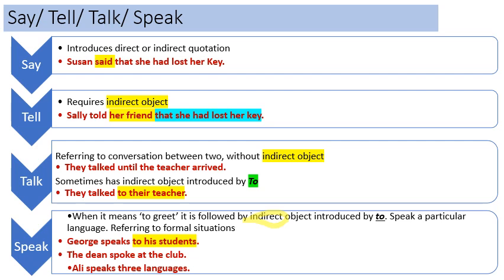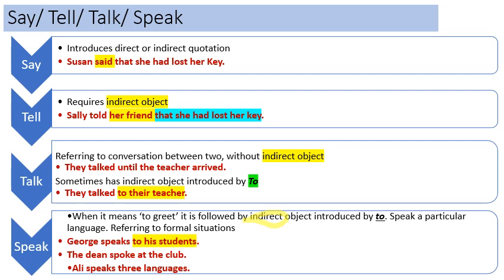Let's have a look at these three cases. It comes with three cases. First of all, to greet. Second of all, to speak a particular language. And third of all, it refers to formal speaking or formal speech by a president, for instance, or whatever.